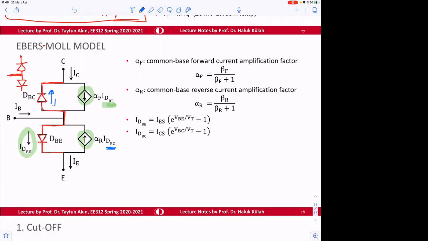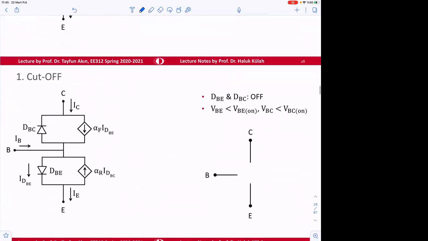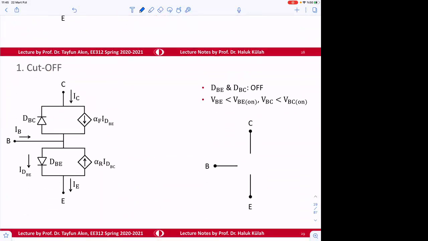So this is going to be I D base collector currents. If we do the model properly, then we will be able to obtain all the operation points properly. So we will call this current in this direction I diode base collector.